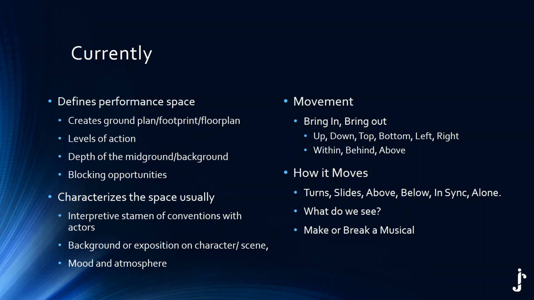One of the biggest and most important things about your scenery is its movement, and you have a couple of choices. Moving scenery usually involves bringing it in or bringing it out. When we say that, we mean into the scene and out of the scene. So you have a unit, a thing.